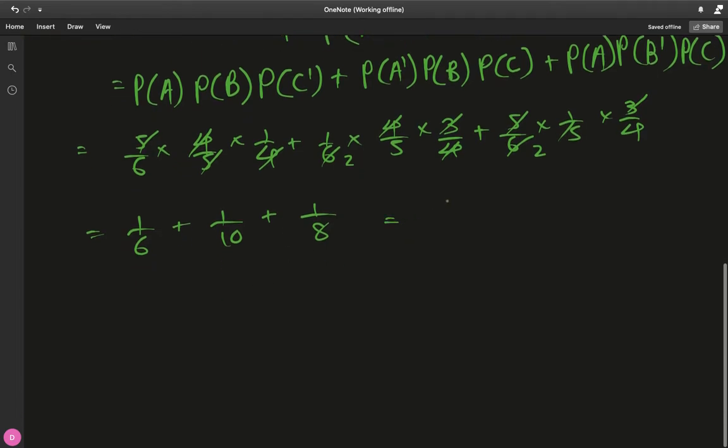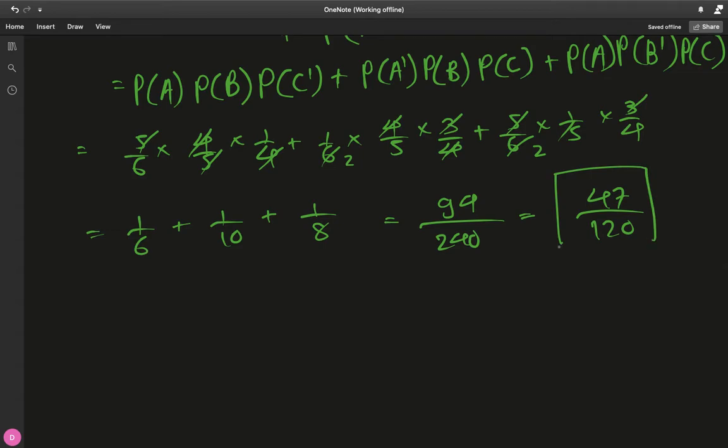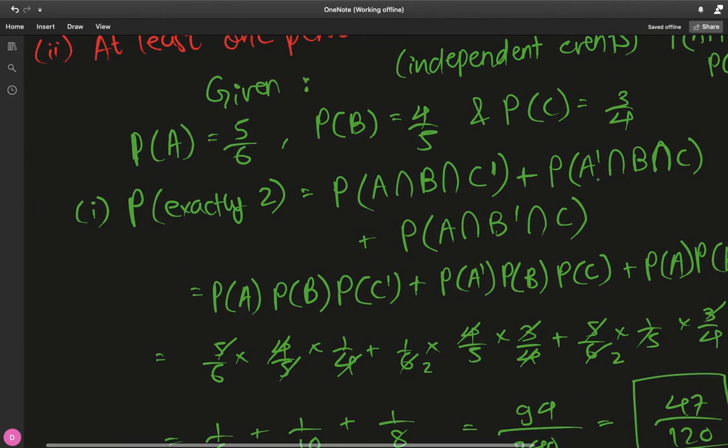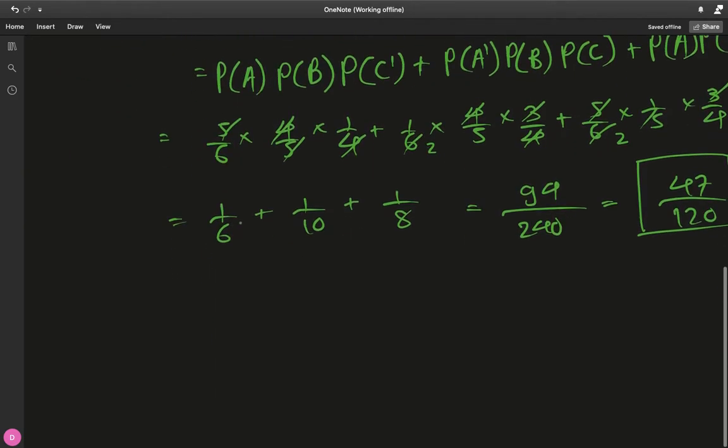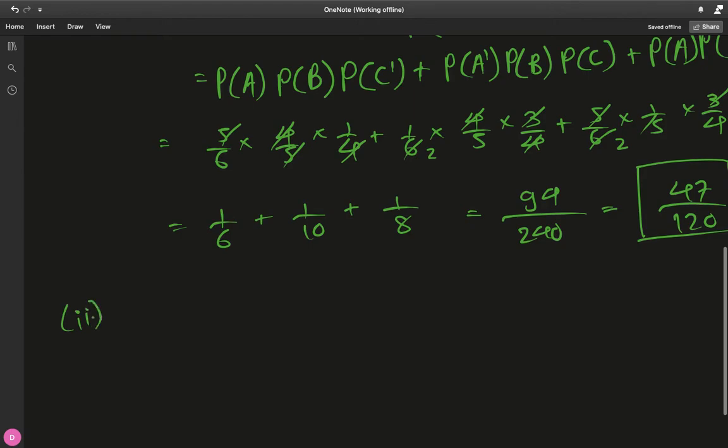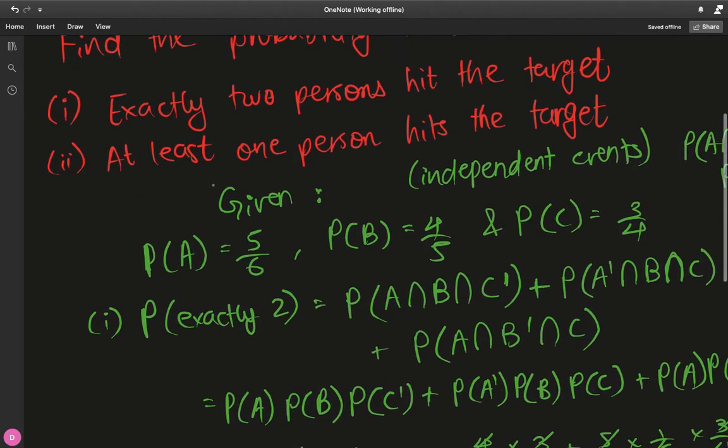If you simplify this, you get 95 over 240, which is nothing but 47 over 120. You can calculate the decimals of this easily to 3 decimal places. So that's subpart 1. Now subpart 2 is saying the probability that at least 1 person hits the target.